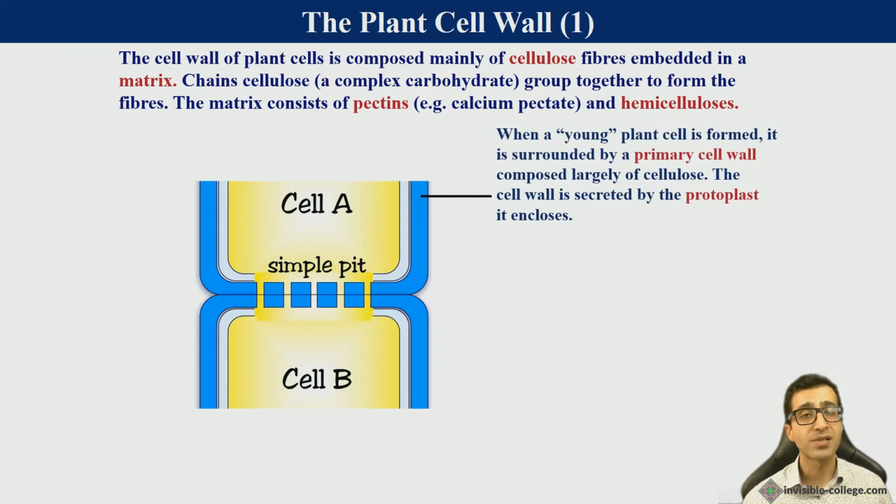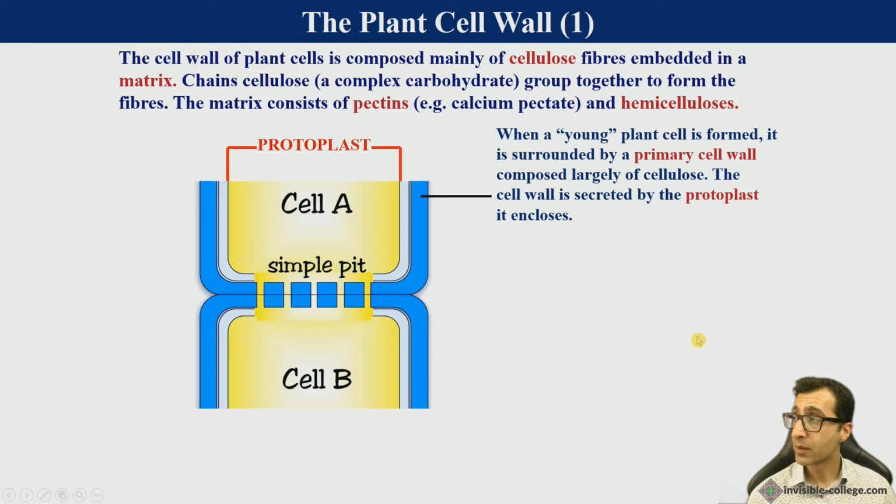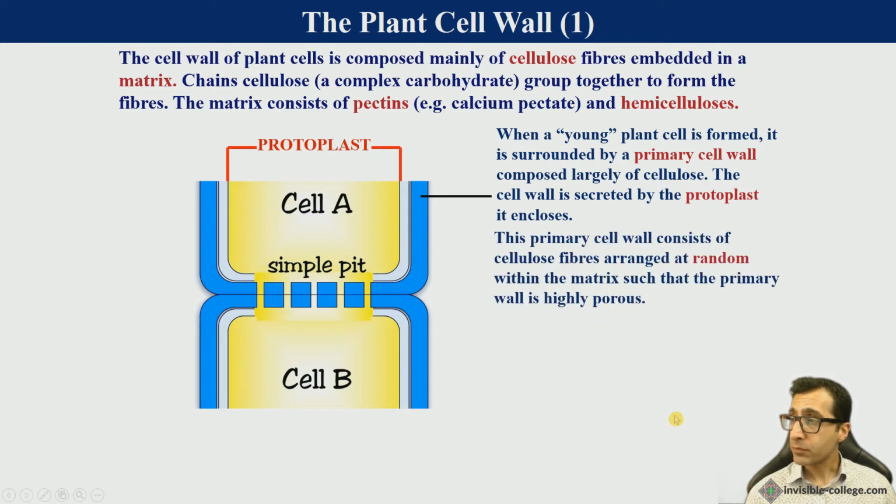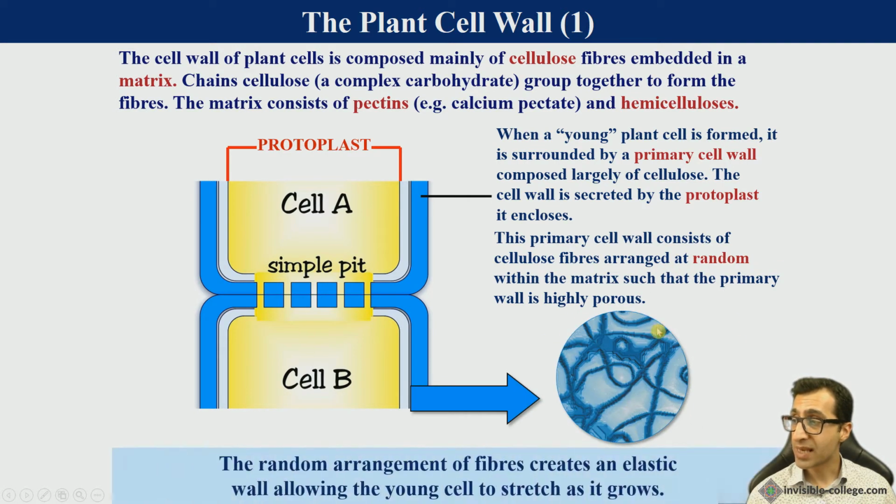When a young plant cell is formed, it's surrounded by a primary cell wall, which is made up largely of just cellulose, and the cell wall is actually secreted by the protoplast which it encloses. The primary cell wall begins by being composed of cellulose fibres arranged in a random manner, and this is a micrograph of these randomly arranged cellulose fibres.